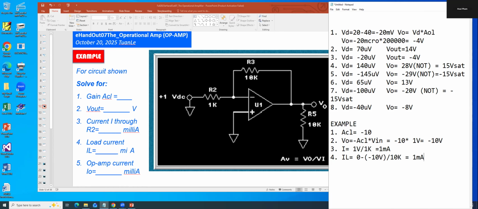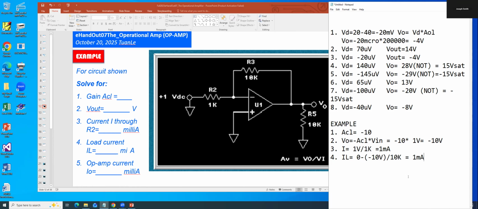However, if you want to calculate the current, you have to find the voltage difference between one side, positive 10K, and one side, negative 10K. That's why they say 0 here, minus minus 10 here, divided by 10K, you get 1 milliamp.